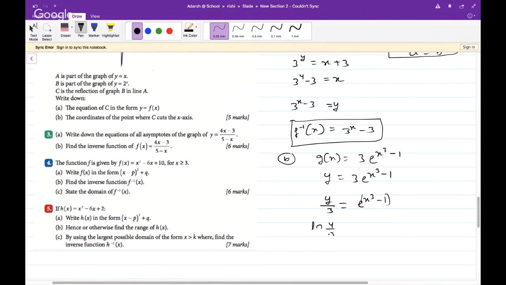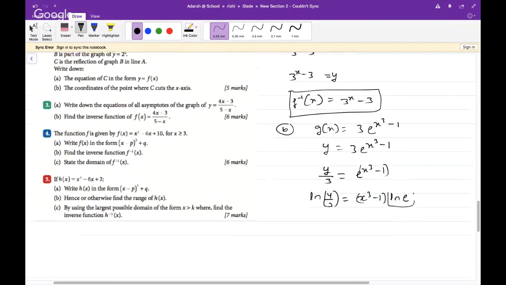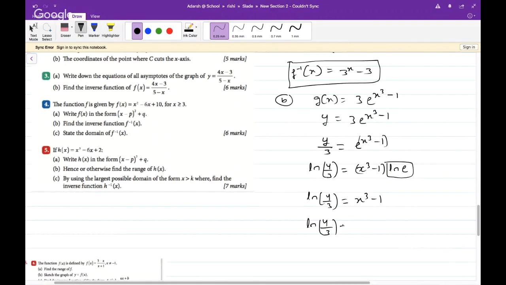ln of y by 3, natural log, is equal to x cube minus 1 into ln of e. Natural log e is always 1. So you have ln of y divided by 3 is equal to x cube minus 1. So 1 will go on the other side. ln of y divided by 3 plus 1 is equal to x cube.